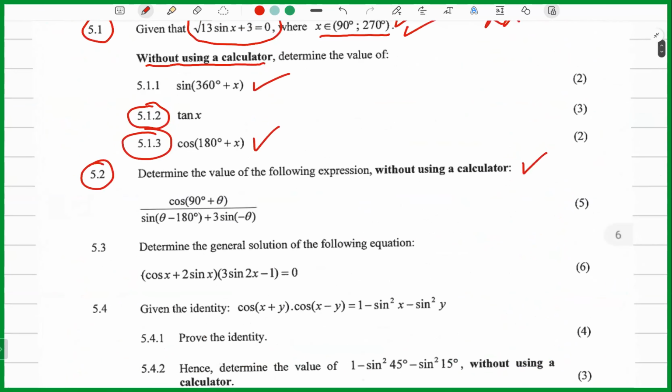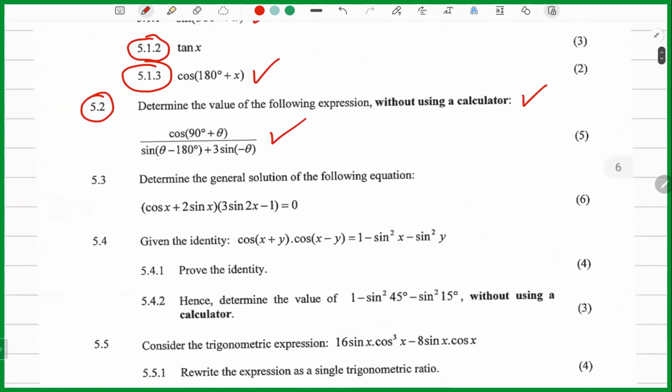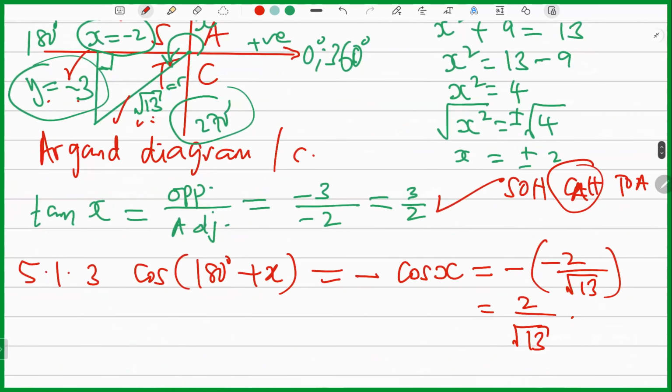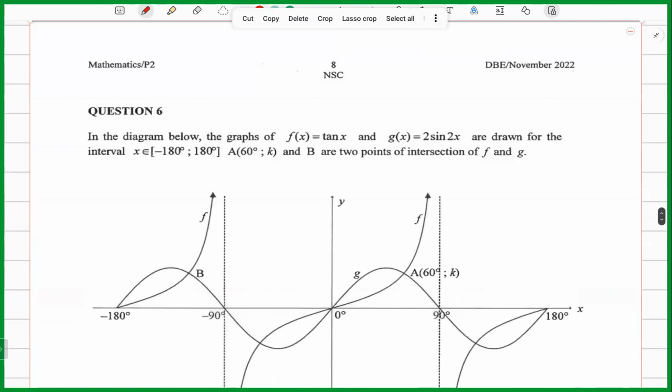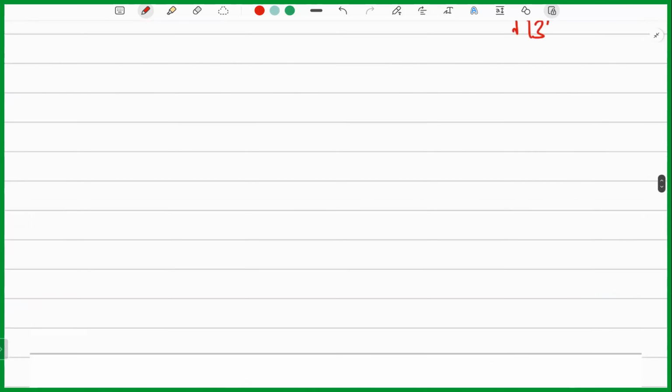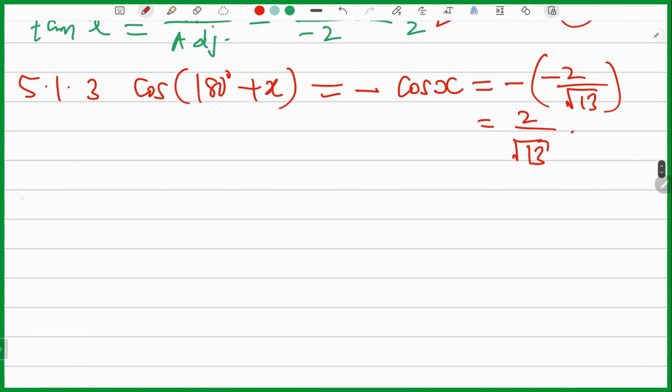Moreover, I want us to look at 5.2, determine the value of the following expression without using a calculator. Right, so 5.2 is a very interesting one.